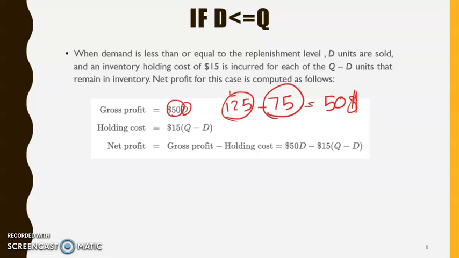So the gross profit that we have is $50 times D, the number of sales, and 50 is the gross profit for each router. Since we satisfy all the demand, there is no shortage loss, so there would be only holding cost. Why do we have holding cost? Because the inventory that you have is higher than the demand.